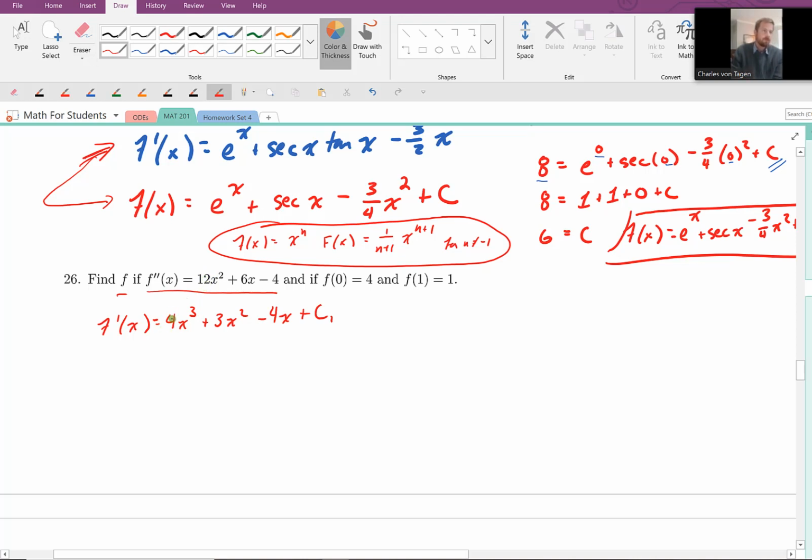Okay. So that got us to the family of functions that represents f prime of x. Now let's go ahead and give the family of functions that represents just f of x by taking the antiderivative of our most recent answer. So if I take the antiderivative of f prime, I'm left with x to the fourth plus x cubed minus 2x squared plus, careful, how do I do this?